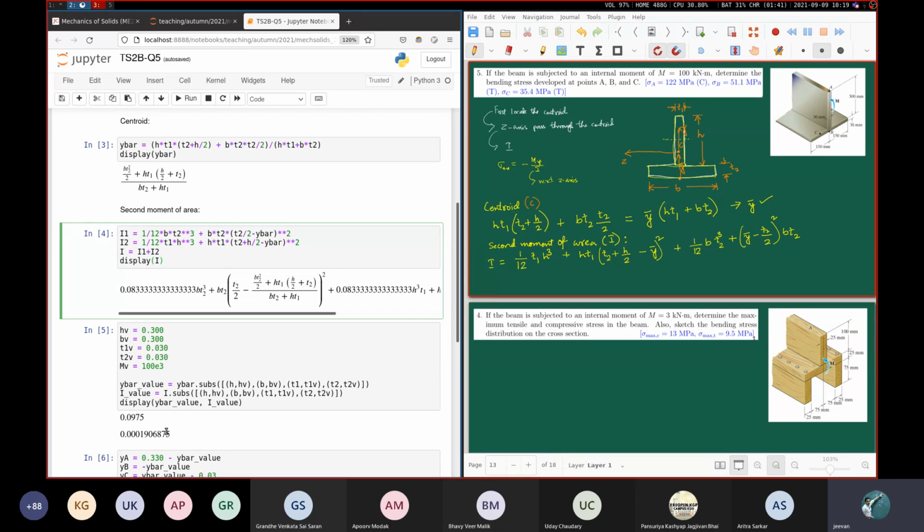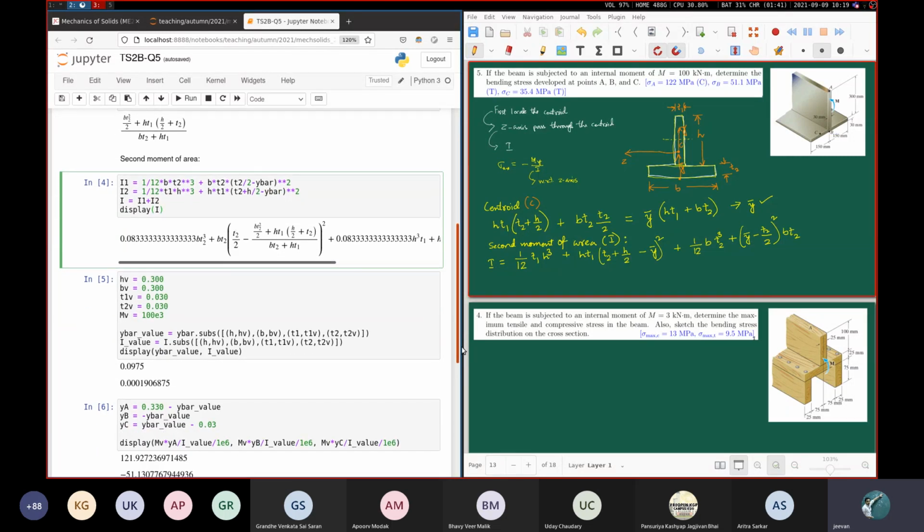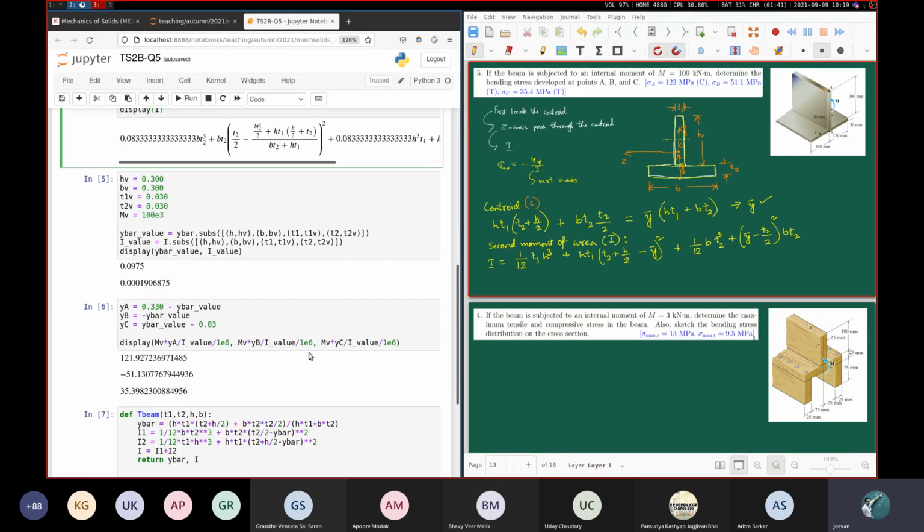Finally, I'm getting these answers for our centroidal position and the area moment of inertia. All I have to do is utilize the formula sigma xx is equal to minus My by I, which I have done here. And you can see that it matches. It's given as 122 MPa here, and I'm getting 121.92. Okay, so that's how you do it.